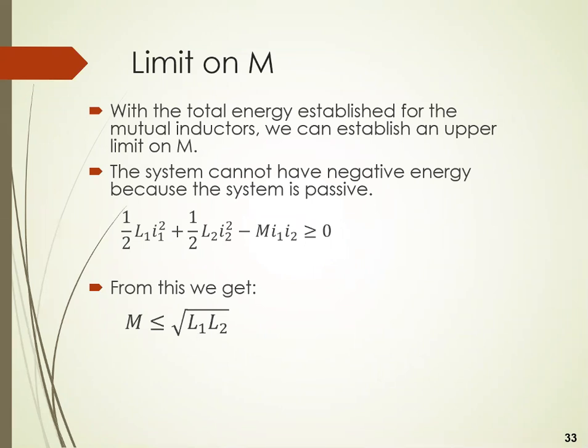Power delivered is a negative quantity, and power absorbed is a positive quantity. For a passive system, it's always positive or equal to 0. So the energy has to be greater than or equal to 0. If we solve for M in this equation, you get this expression for the mutual inductance: M is always less than or equal to the square root of the product of the two inductances in the system.